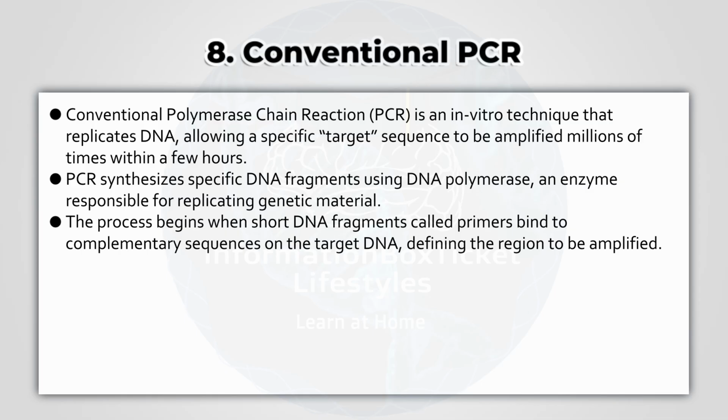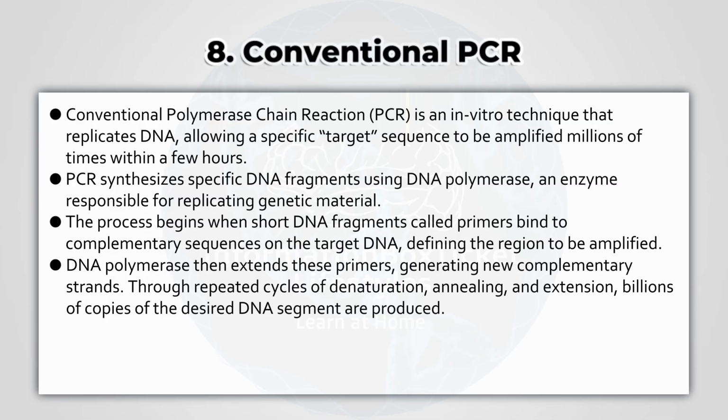The process begins when short DNA fragments called primers bind to complementary sequences on the target DNA, defining the region to be amplified. DNA polymerase then extends these primers, generating new complementary strands. Through repeated cycles of denaturation, annealing, and extension, billions of copies of the desired DNA segment are produced.